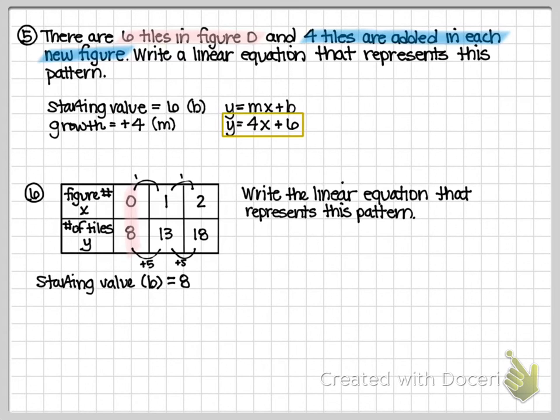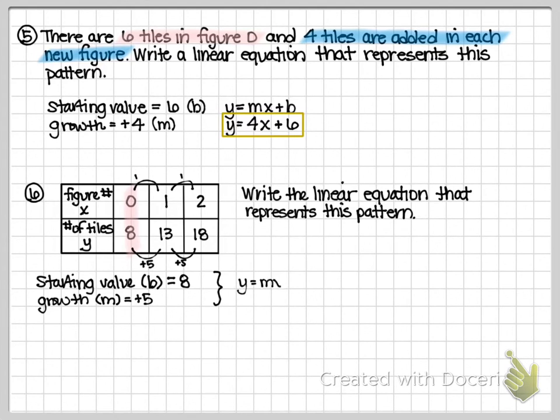That number that you keep adding repeatedly, that's your growth. So I would say that my growth, which I'm going to identify as m, because that's where it goes in the equation, is going to be a positive 5 or plus 5. Okay, now I can write my equation. So I'm going to take those things and I'm going to plug them in where they go.